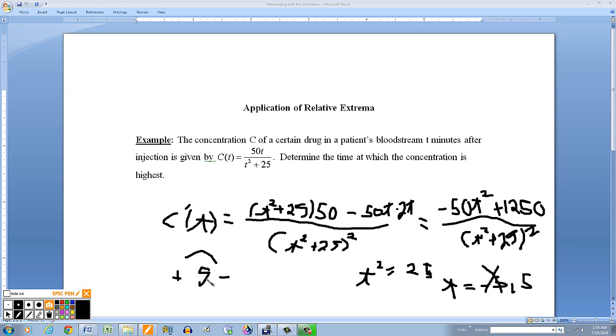Now if I wanted to find the relative extrema point, or the relative maximum point, the point would be 5, and then I would put a 5 here where in the original function 5 times 50, and then over here in the bottom 5 squared, 25, and 25 plus 25 is 50. If I divide 50 by that, I would also get 5.